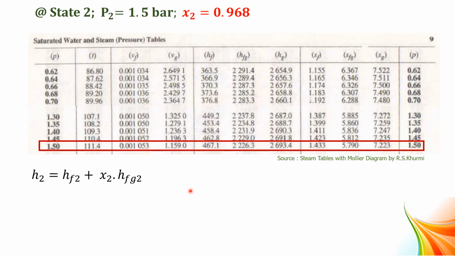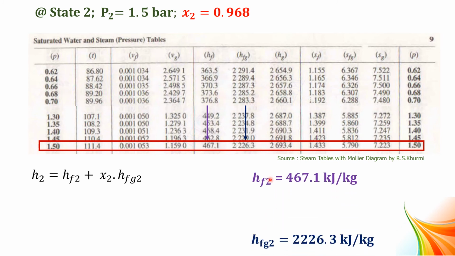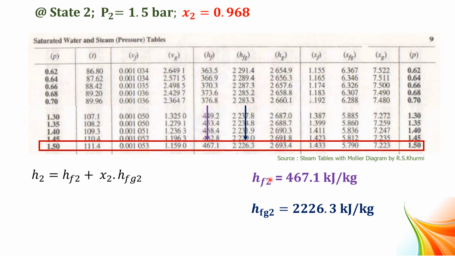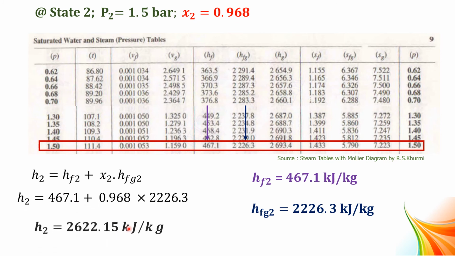The Hf value is 467.1 kilojoule per kilogram and Hfg value is 2226.3 kilojoule per kilogram. Now substituting the values of Hf2, Hfg2 and X2 in the H2 equation, we get H2 equal to 2622.15 kilojoule per kilogram.